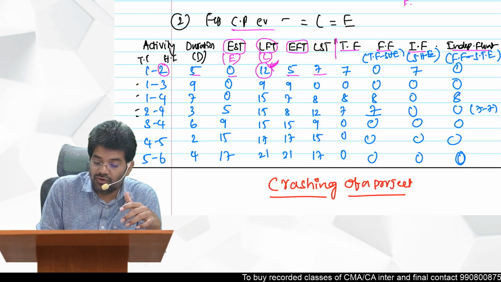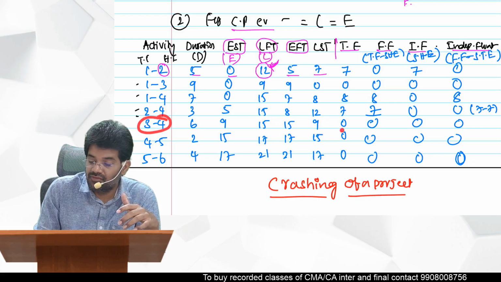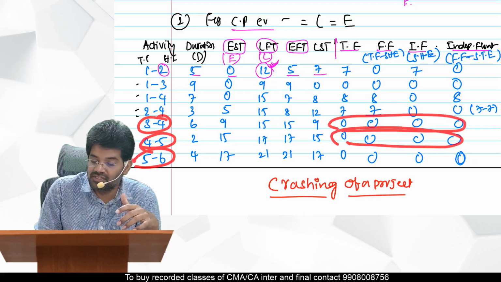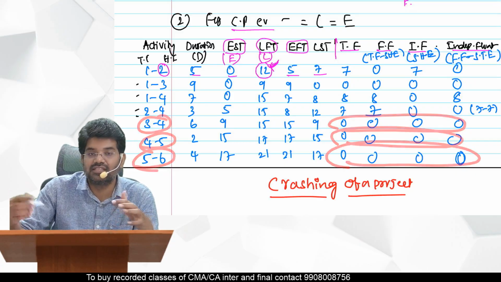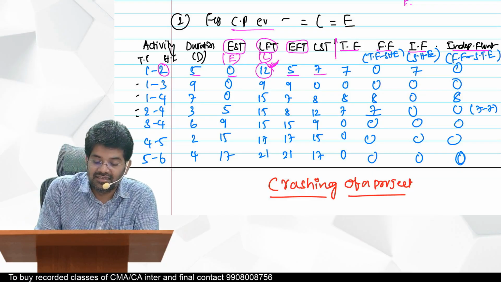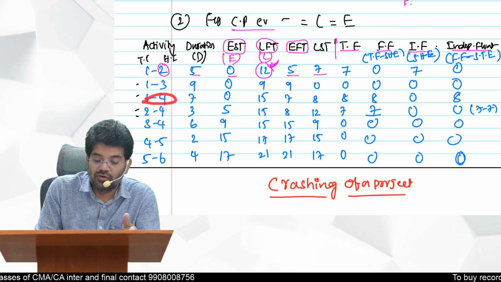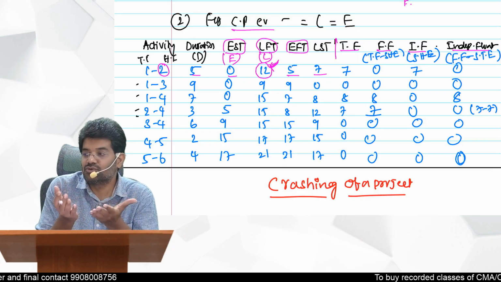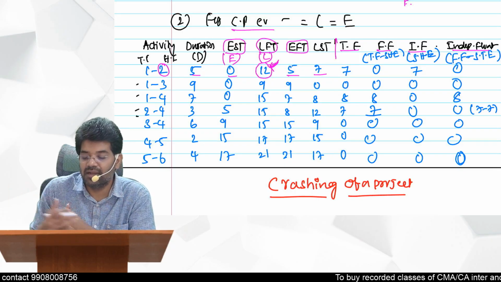Then 3 to 4, everything is 0. 4 to 5 also everything is 0. So for 5 to 6 in the examination you can blindly take 0, 0, 0 for all of these. Only for the non-critical ones, 1 to 2, 2 to 4, 1 to 4, you should calculate total float, free float, interfering and independent float.